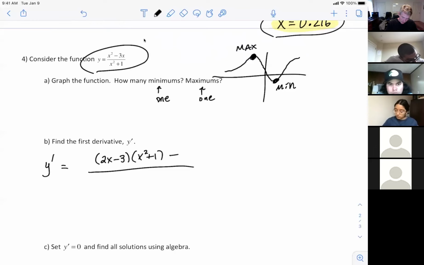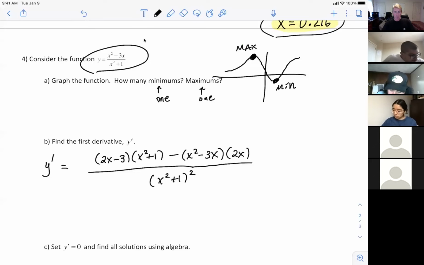Next, it goes minus, leave the top alone, x squared minus 3x, and the derivative of the bottom will just be 2x. And then for the last part of the quotient rule, just square the bottom.